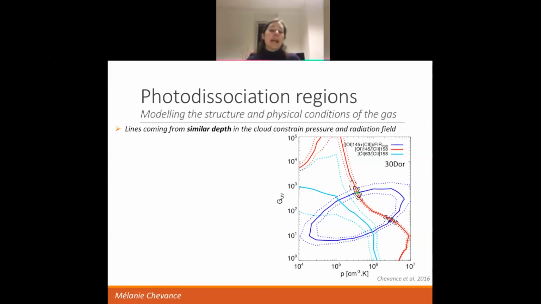So if there is cold gas along the line of sight, the actual observations will be lower than what the model would have predicted. So for that reason, we choose to exclude this line for the moment and just look at the red one and the dark blue line. Again, there is no one single unique solution that gives us the answer for what radiation field and what pressure exists in this region, because there is a degeneracy here.